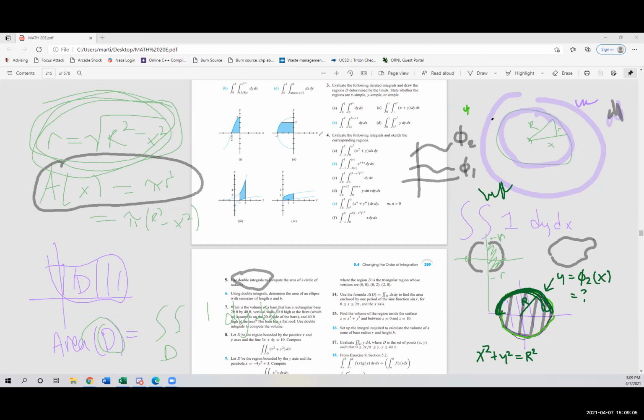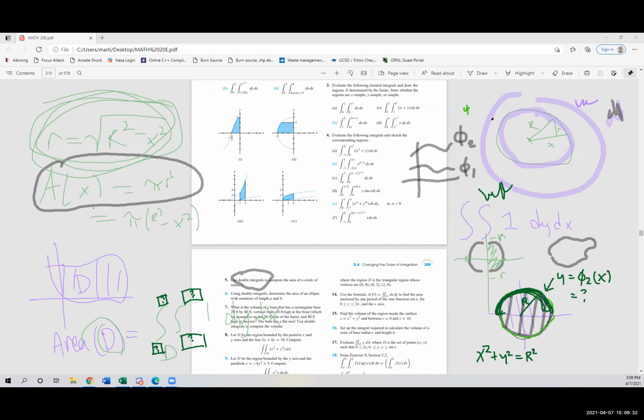Okay. Yeah, Martin. So I think maybe that'll give you an idea of what the limits should be here. And you'll also need these limits for the X integral.